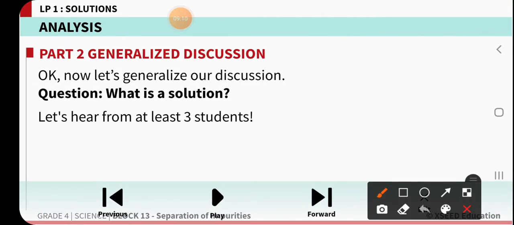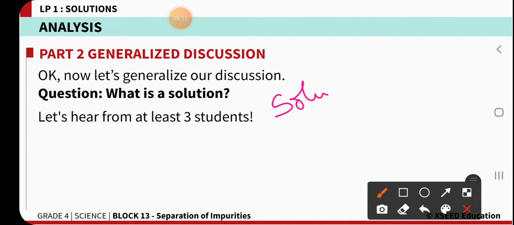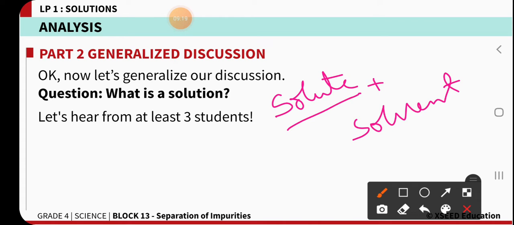So what is a solution? Solution means it is the combination of both solute and solvent, where the solute is dissolving in the solvent and is always taken in a smaller quantity. The solvent is taken in a larger quantity and it can dissolve something in it.